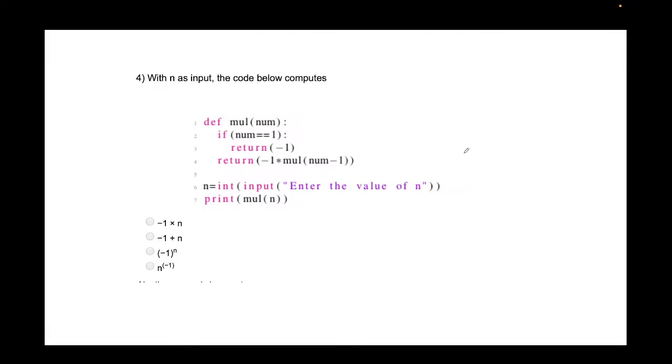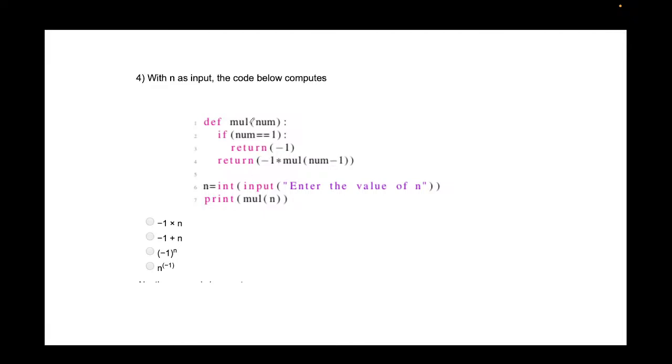Okay, so this one is straightforward. A function mul is defined, which takes an integer number num as an input. We are giving a user defined n, an integer that is applied to this function mul.